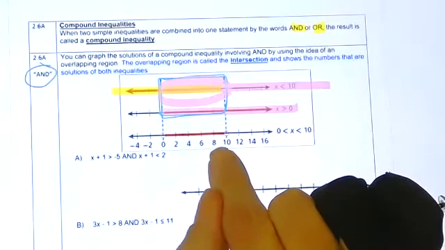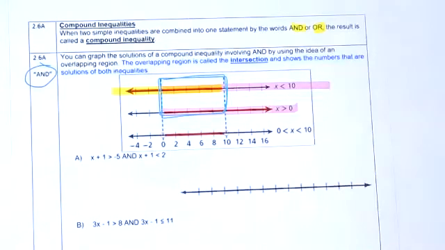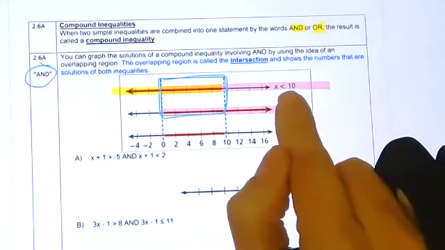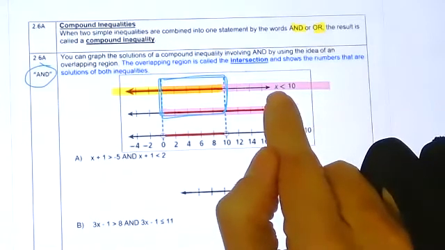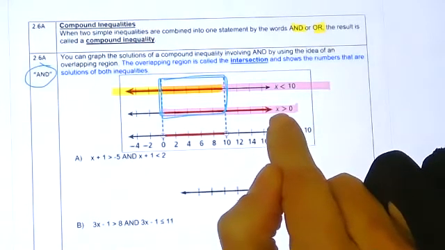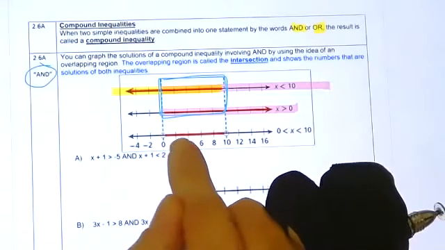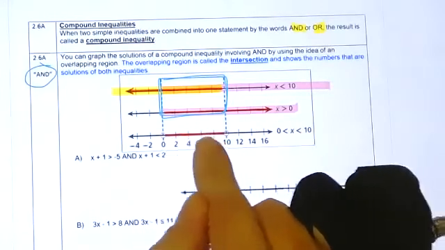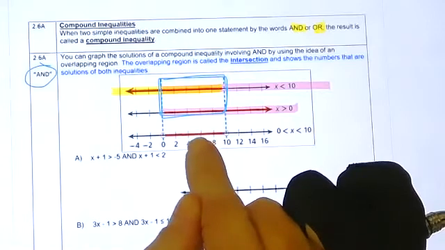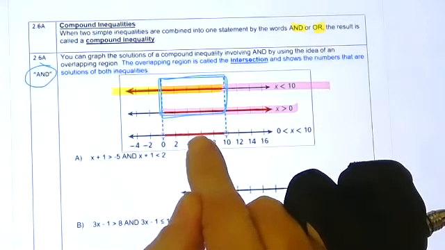So it's basically the numbers between 0 and 10. So an and means that we want to figure out where the two solutions overlap. We want the numbers that are less than 10, and at the same time, greater than 0. So it's these. These are the only numbers that are both less than 10 and greater than 0.